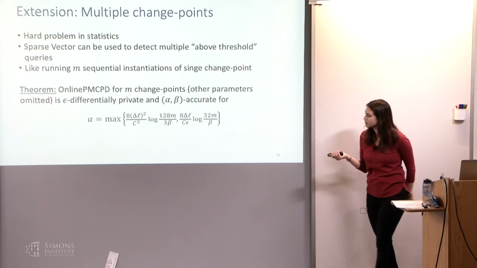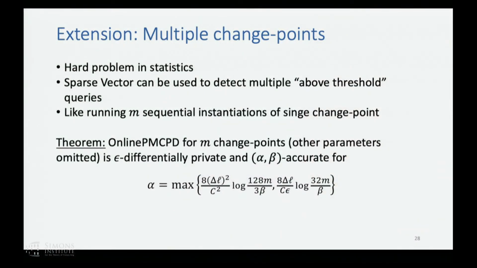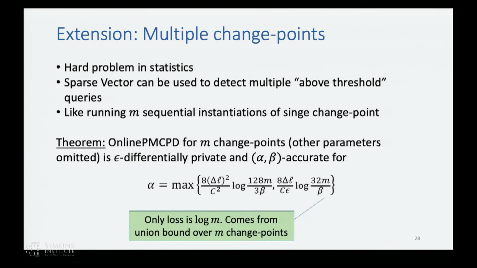Okay. And so first I'll tell you what our main theorem is. And it really looks exactly the same. We just have some additional factors of M in our log. And so really the only change in our loss is just this log M, and this comes from doing a union bound over these M sequential change point problems.